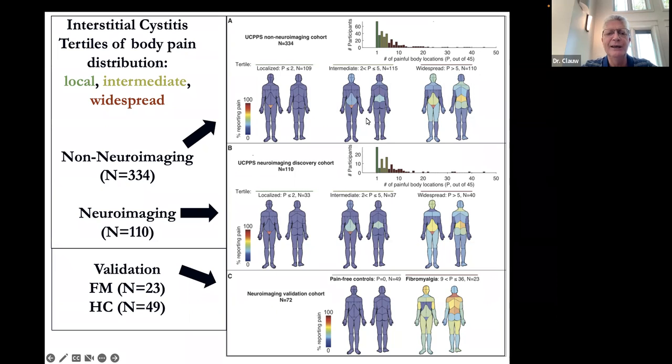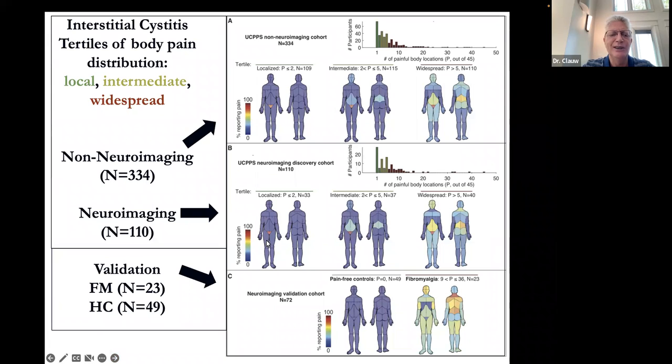About 20% had pain in their bladder plus pain in their abdomen pelvic region, and about 50 or 60% had a more widespread pain phenotype like fibromyalgia. And as the network went on, this is what made all the difference in the world.